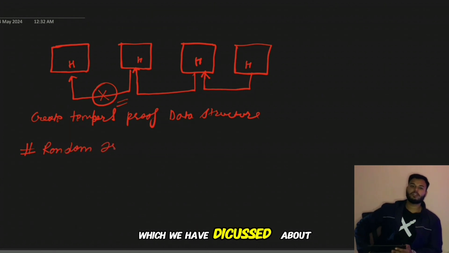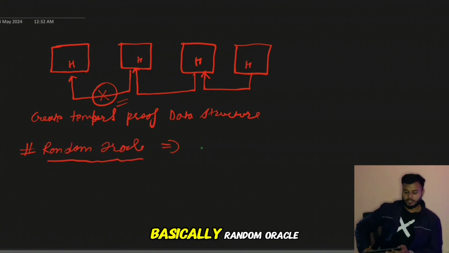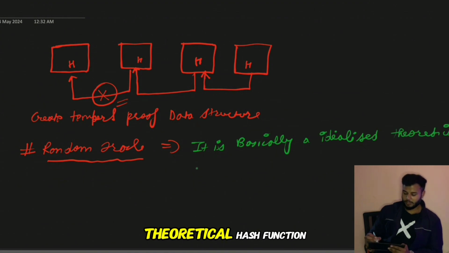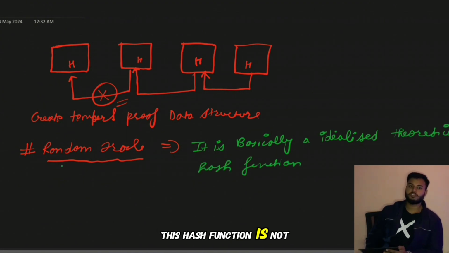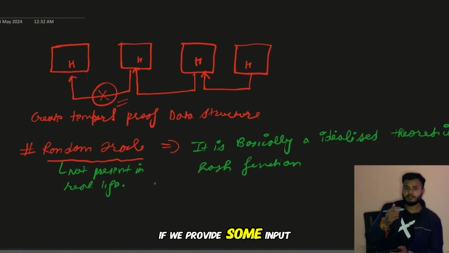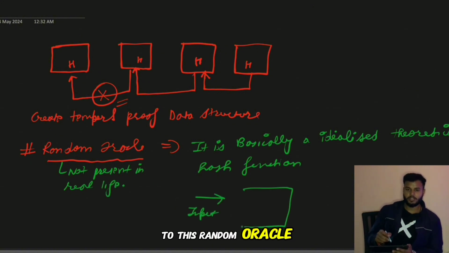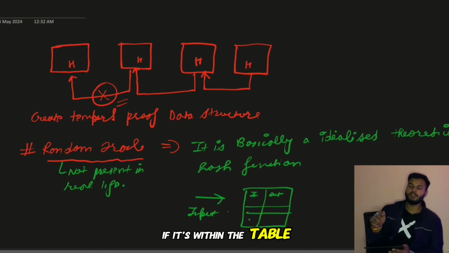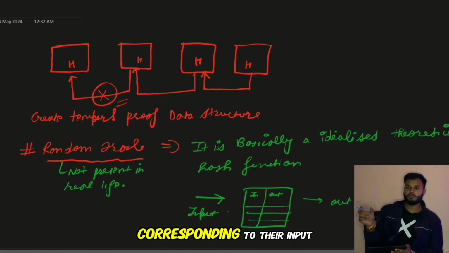Another thing which we have discussed is the random oracle. Basically, the random oracle is an idealized theoretical hash function. This hash function is not present in real life. If we provide some input to this random oracle, it has a table. It will check that input. If it is present in the table, then it will give the output corresponding to the input.